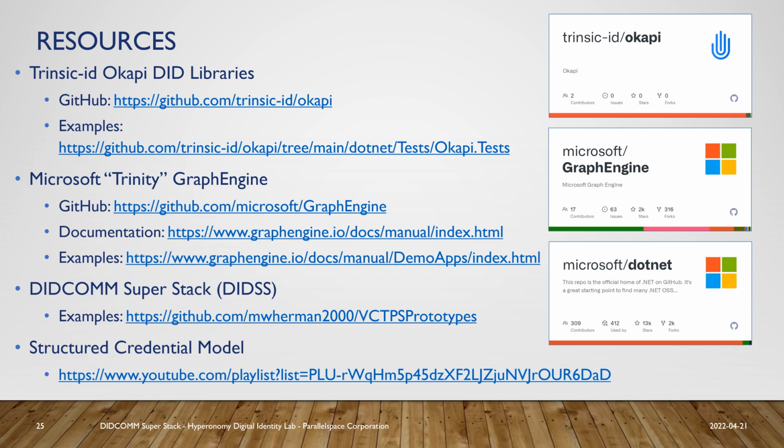The DIDCOMM Superstack, there isn't a lot of documentation other than this deck and the examples themselves. And most of this code can be found on GitHub in the VCTPS Prototypes project.